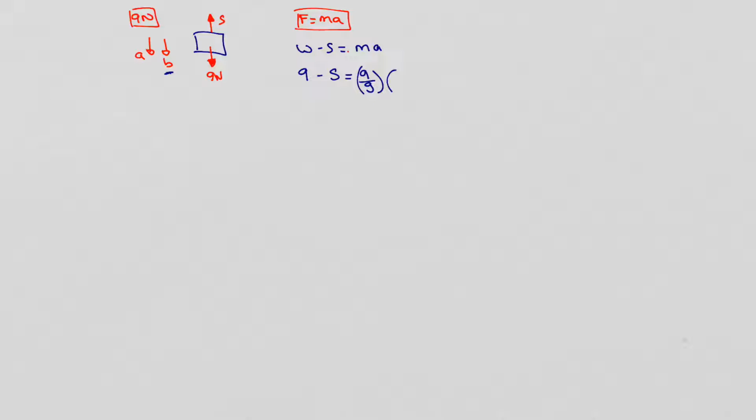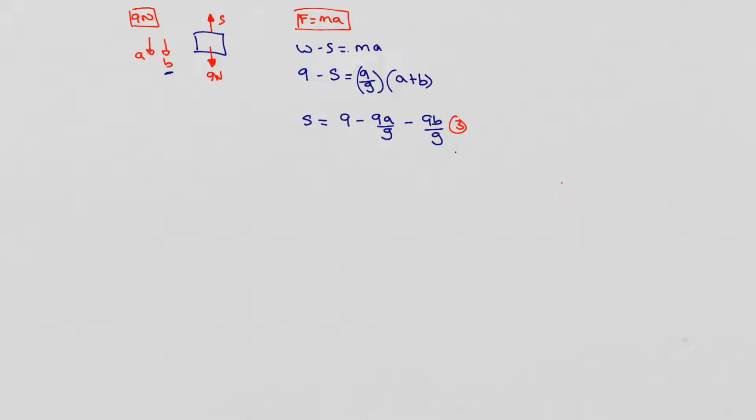So therefore, A is also in the same direction. So this time we're actually going to add those two accelerations, A plus B. So if I rearrange there, I can get S on its own again, and I can see that that's 9 minus 9A over G minus 9B over G. So there's equation 3.